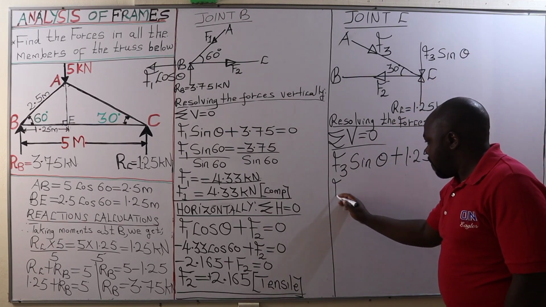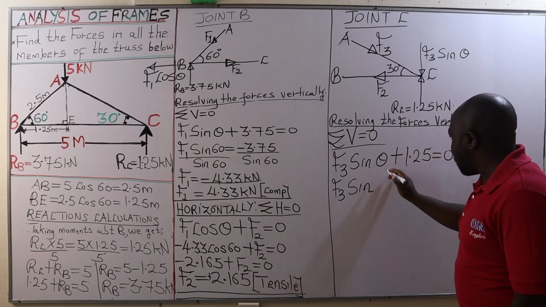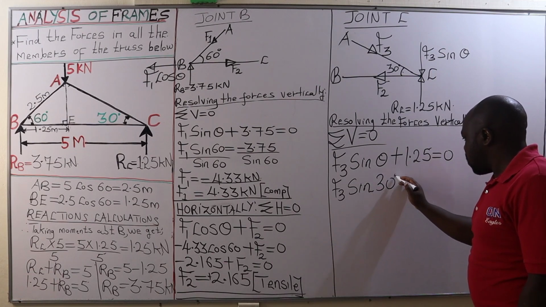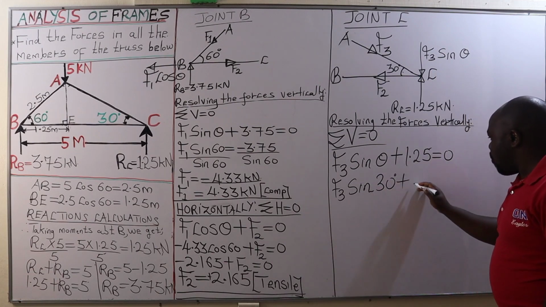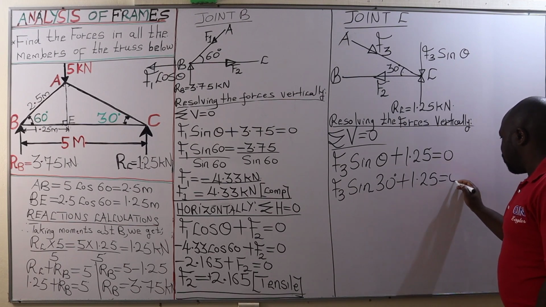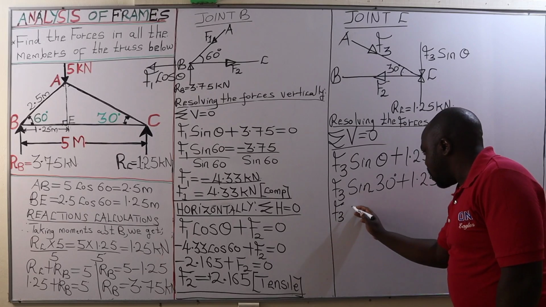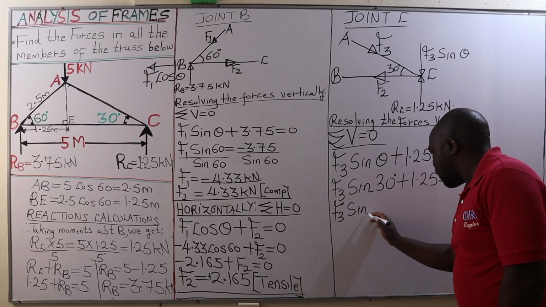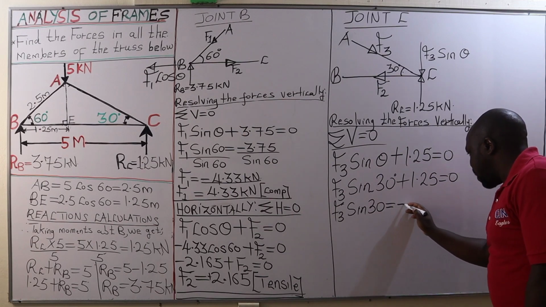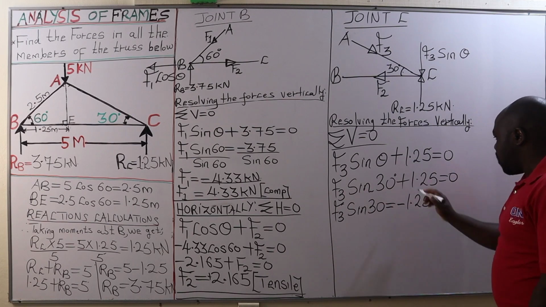Now, F3 sine theta, and in this case theta being 30 degrees, plus 1.25 is equal to 0. So this is going to be F3 sine 30 being equal to negative 1.25.